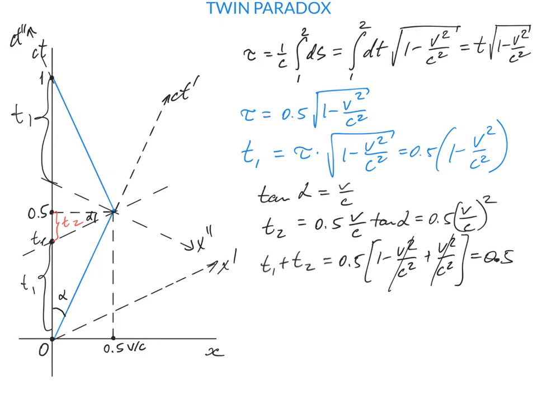So, to conclude this segment, we have considered the twin paradox and its resolution using a Minkowski diagram. The resolution involves taking into account that Alice, moving in a rocket, jumps from one reference frame to another, which leads to a missing time due to the changing simultaneity plane between two different reference frames.